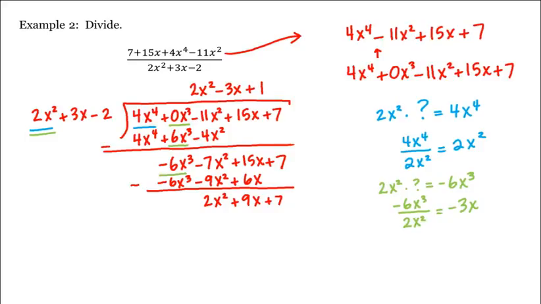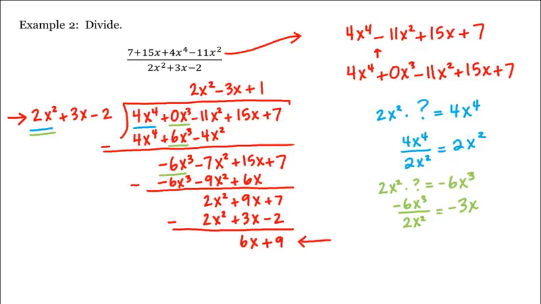So 1 times our divisor is 2x squared plus 3x minus 2. Again, we subtract. 2x squared minus 2x squared is 0. 9x minus 3x is 6x. 7 minus a minus 2 is plus 9. And now the degree of this is smaller than the degree of our divisor up here.